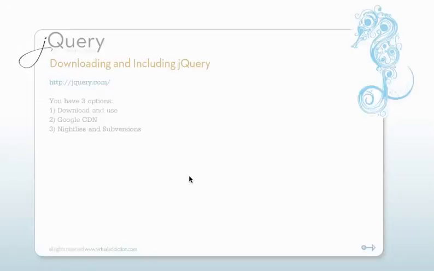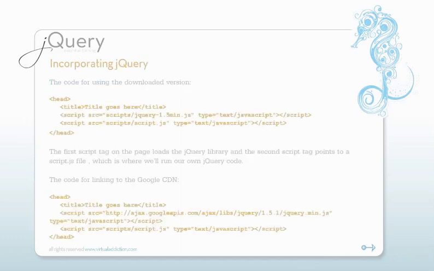So once you have saved that into your folder where you're going to be developing your site, all you need to do to make it work is tell the HTML file to include the jQuery library by using a script tag inside the head section of your HTML document. And basically the script tag could look something like this.